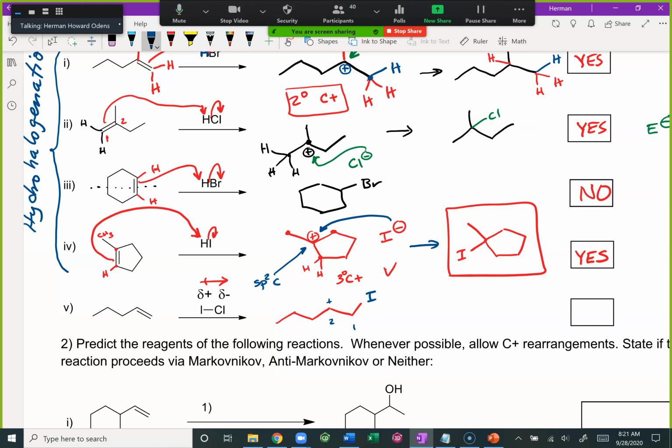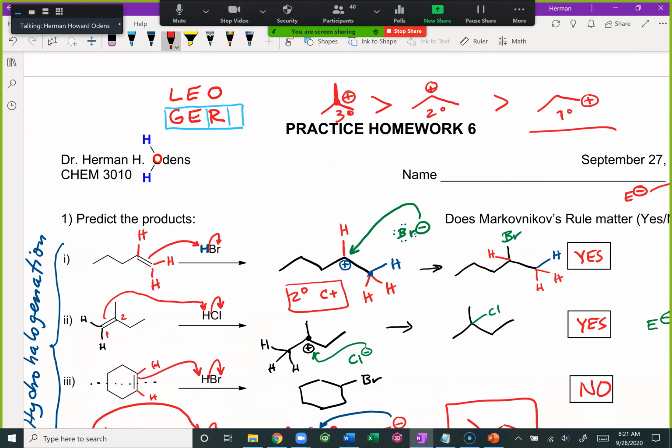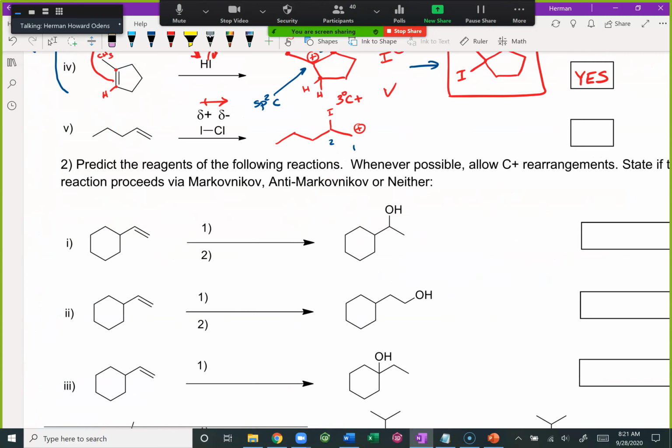I'm making a secondary carbocation. If I was to put the opposite, notice that I have 5 carbons. If I put the iodine here, I'm making a primary carbocation, which is not stable. It is the least of the stable ones, the very least.